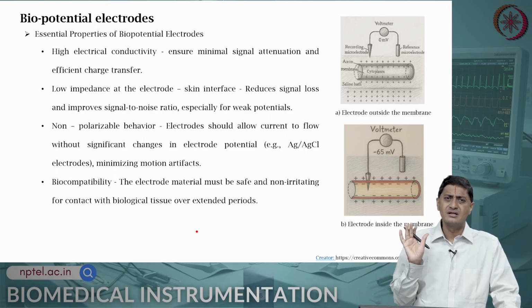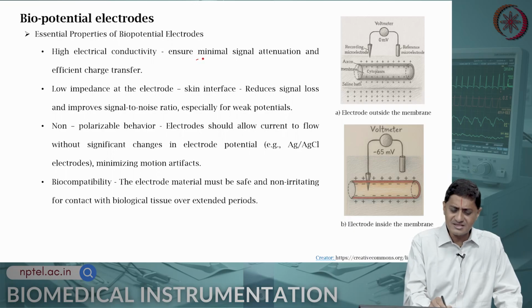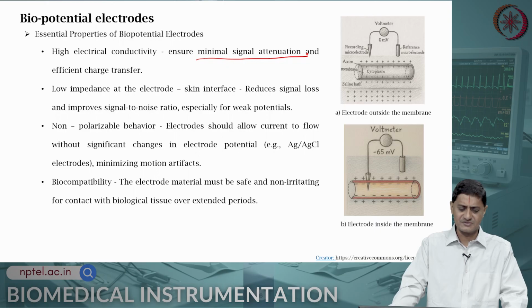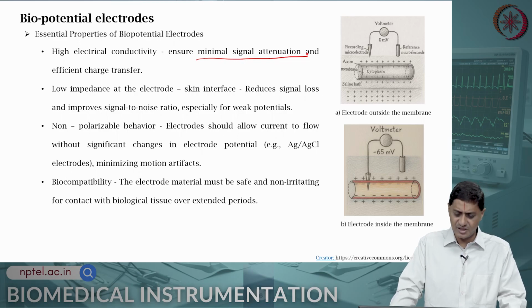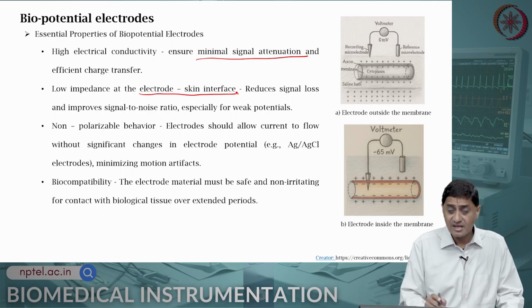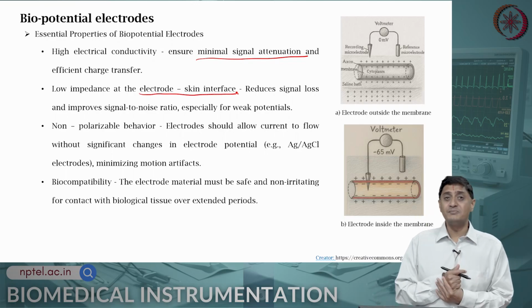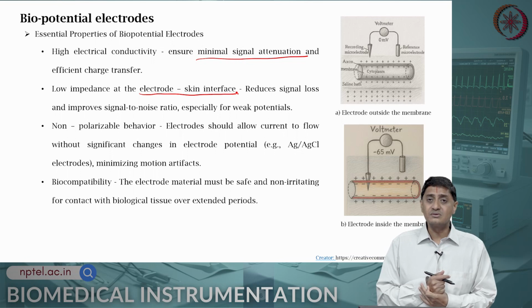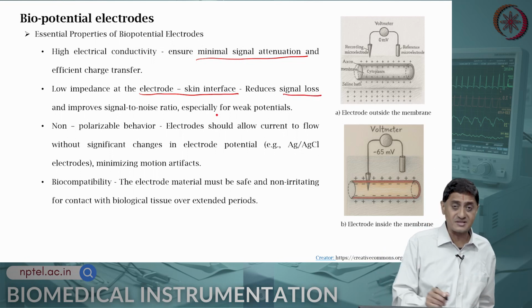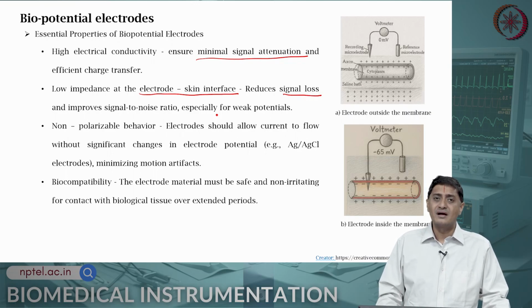Faithful representation or minimal signal attenuation, high electrical conductivity is what I am expecting, efficient charge transfer. And I am expecting a relatively low impedance, because at the electrode skin interface, if the electrode itself is causing an impedance, it is going to cause a signal loss, and thus reduce the signal to noise ratio.